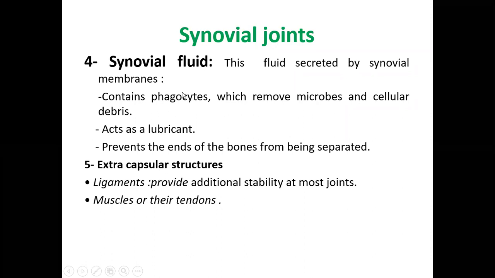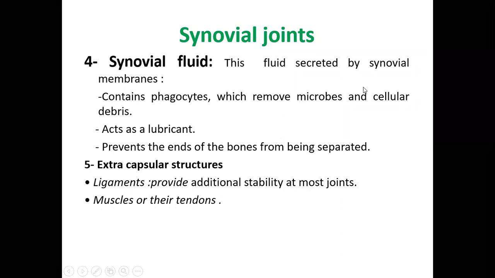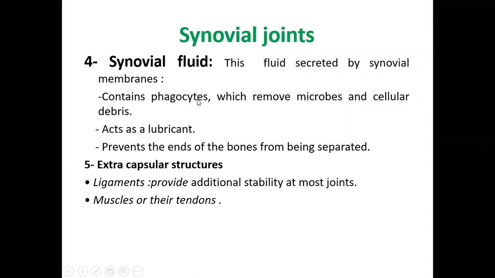It contains phagocytes which remove microbes and cellular debris. Why are they present? Because they fight against any bacteria or viruses, any microbes, and any damaged cellular debris will be eaten up by these phagocytes.